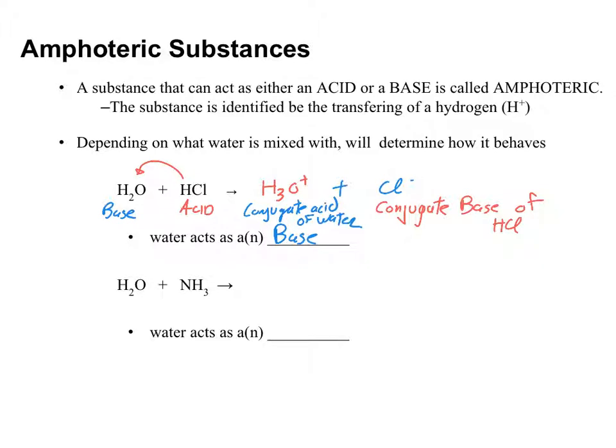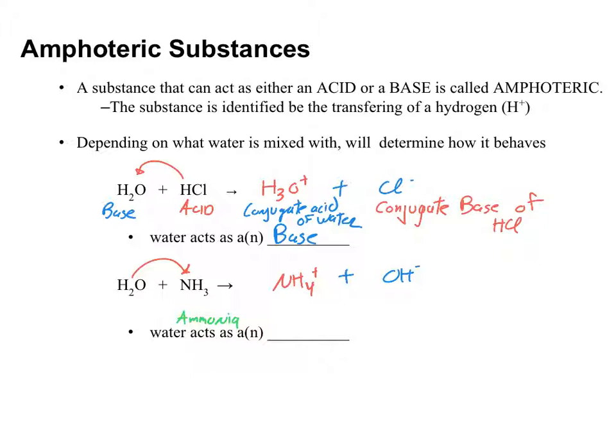Lastly, I have water and the NH3, which is ammonia. In this case, I know that what's going to happen is this water is going to transfer a hydrogen over here, and I'm going to make NH4 plus, and I'm going to be left with OH minus.